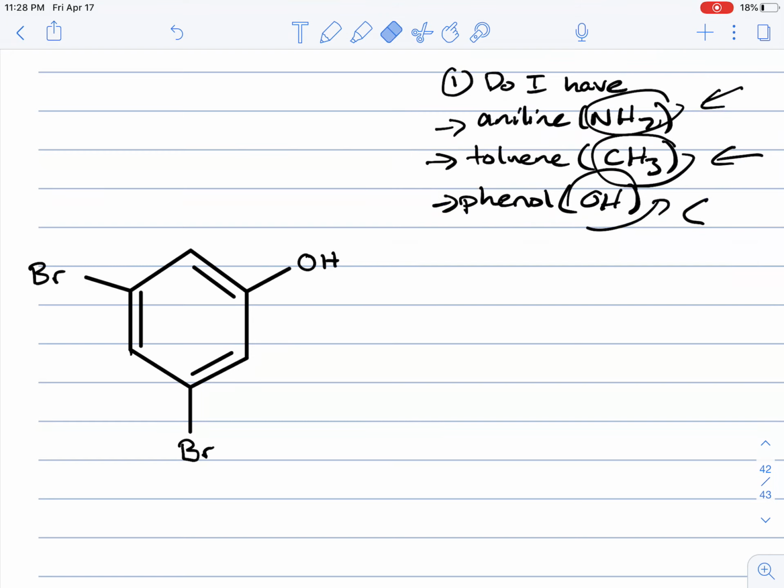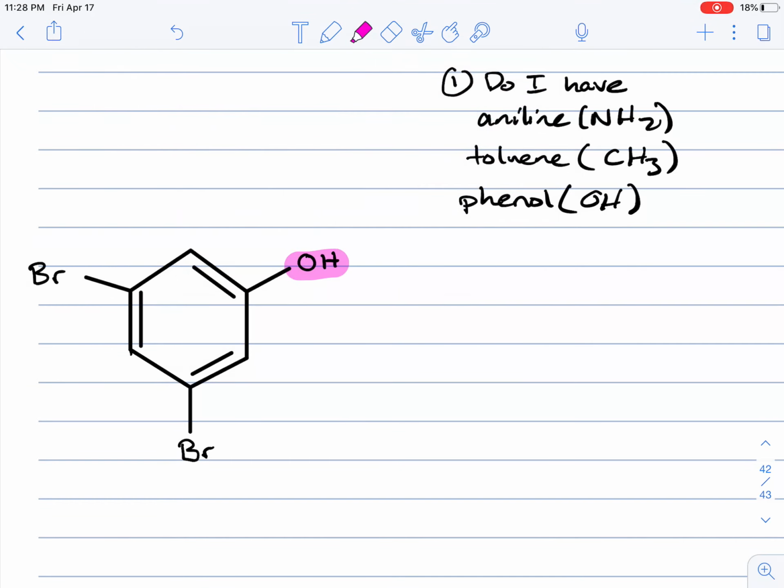All right. So once again, for these aromatic compounds, these polysubstituted benzene rings, I'm going to ask myself, do I have an NH2, a CH3, or OH present in my benzene molecule? And I do. So I have this OH, making the name of the parent chain phenol.